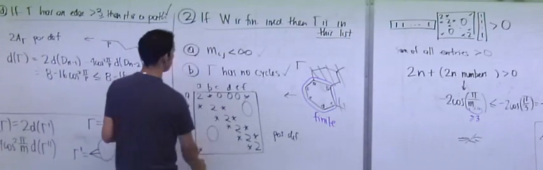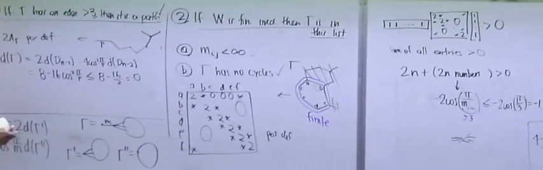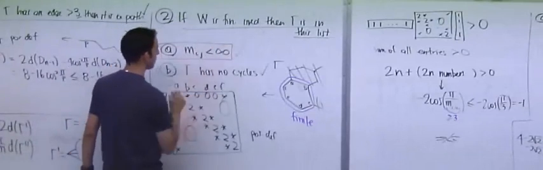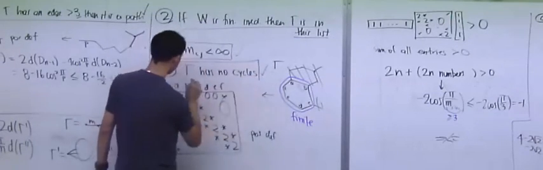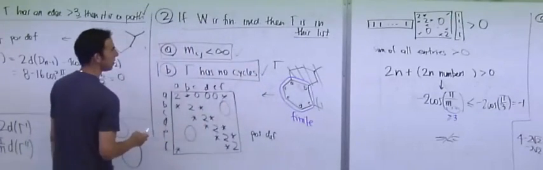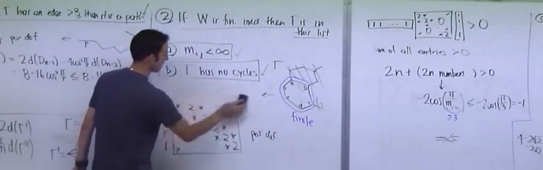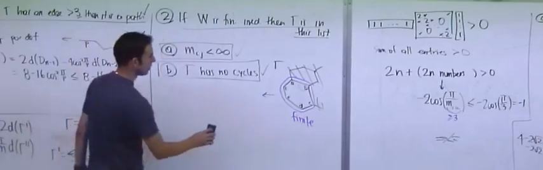So let's see where we are. First of all, we have no infinite edges. Second of all, we have no cycles, which means that we're dealing with trees only. Let me keep these statements up and erase the proof so that we can keep track of where we are.